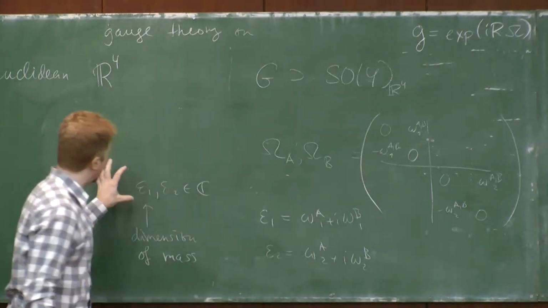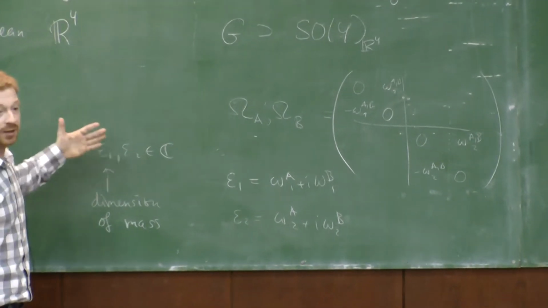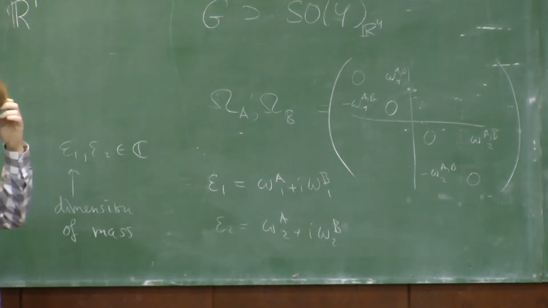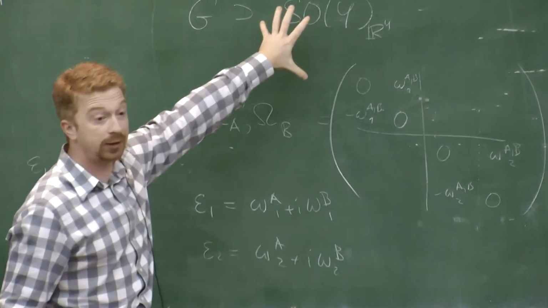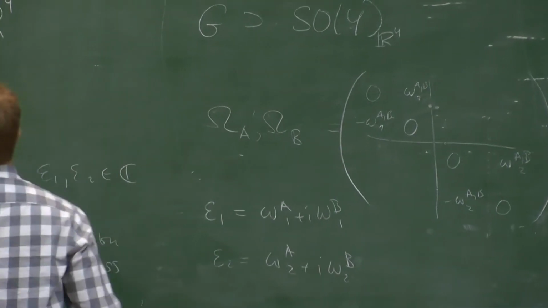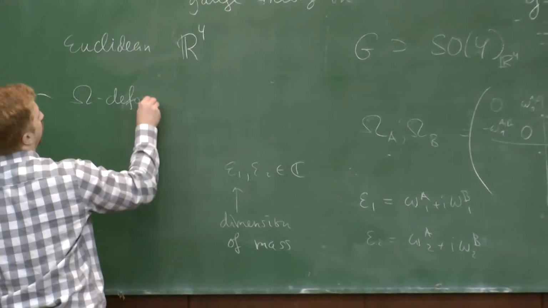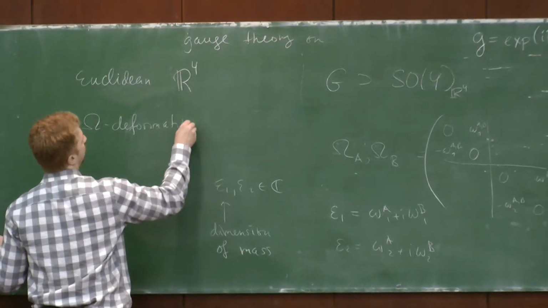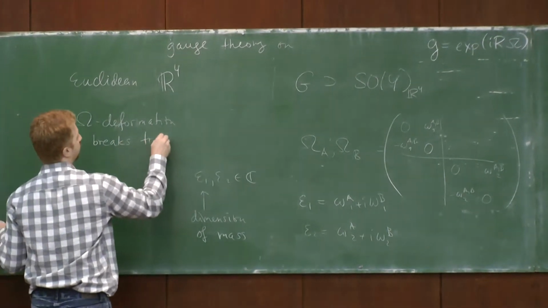And so whatever theory we start with, we get some kind of massive deformation in the theory. But now it's a tricky massive deformation because since I'm now using the rotations of spacetime, I'm breaking the translational invariance. So the Omega deformation breaks translational invariance.